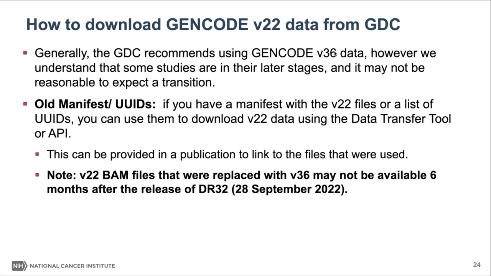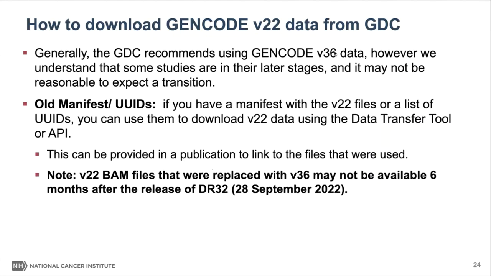Because if you used v22 data, people might want to replicate your experiment and people want to see what you used. So we are making all of the old files available with one important caveat. Because of storage costs and just the sheer size of these files, v22 BAM files that were replaced with v36 may not be available 6 months after the release of DR32, which will be in late September 2022.